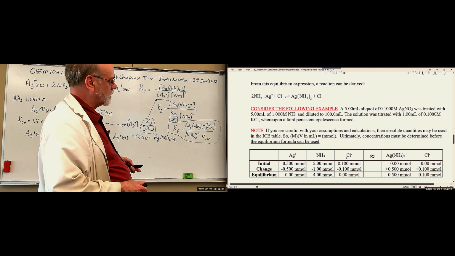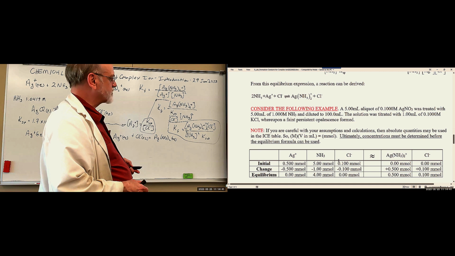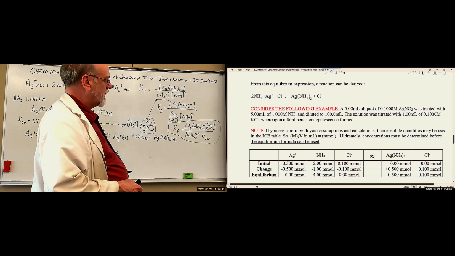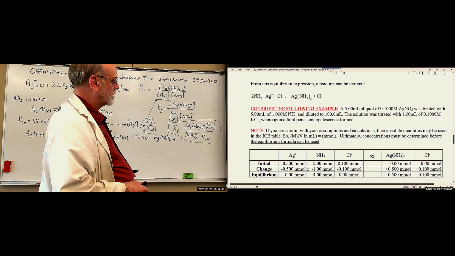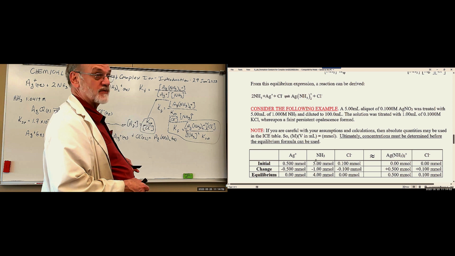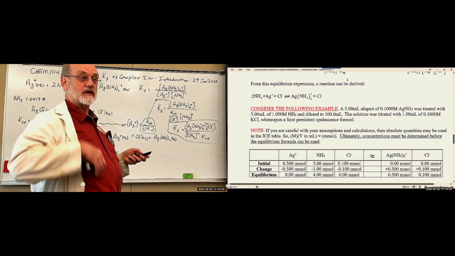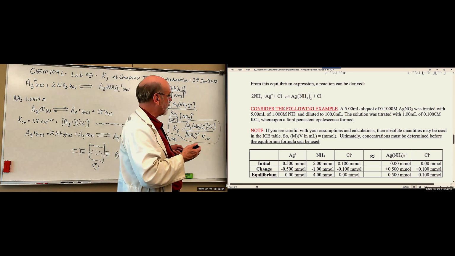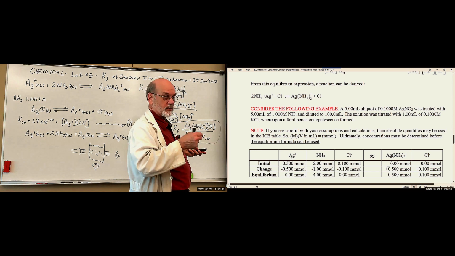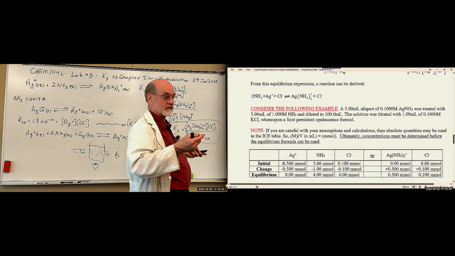So you start here with 0.1 molar, but the reaction says that we consume all of the silver and we consume enough ammonia to be stoichiometric with the silver, which would be twice as much ammonia, right? So you're using 2 times the amount of ammonia as you do silver because of the ratio of silver to ammonia.